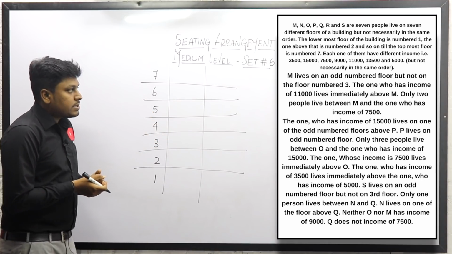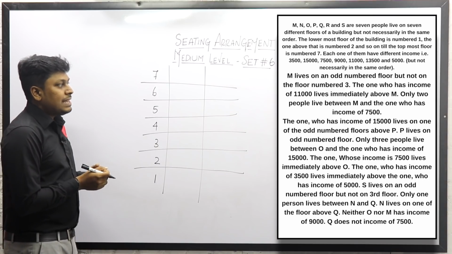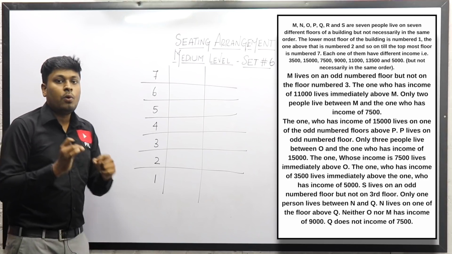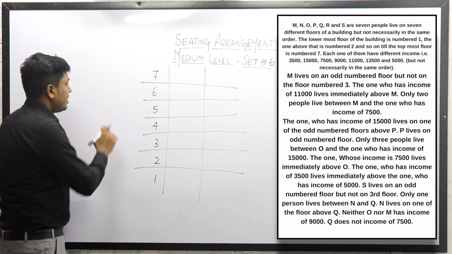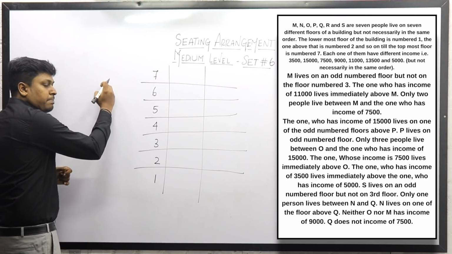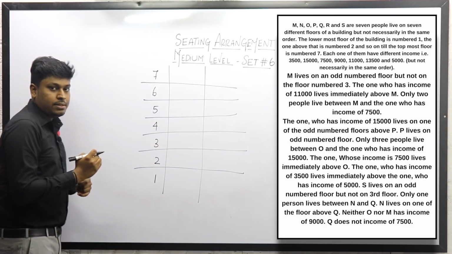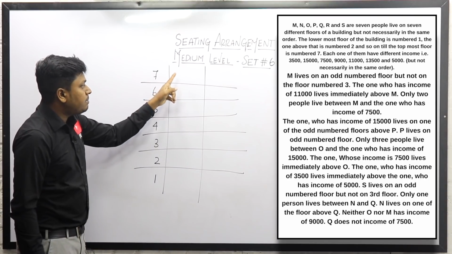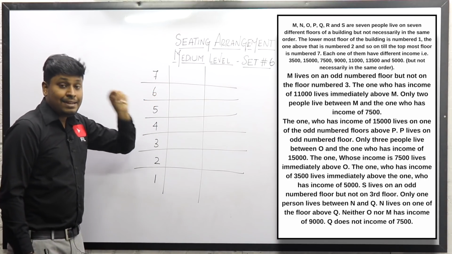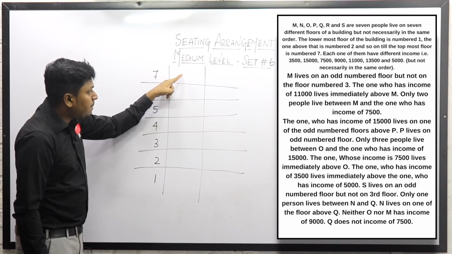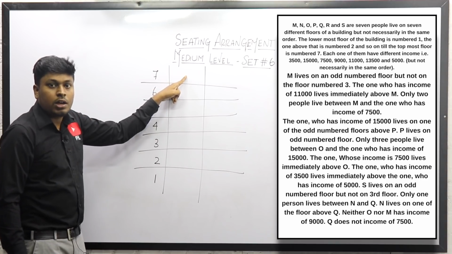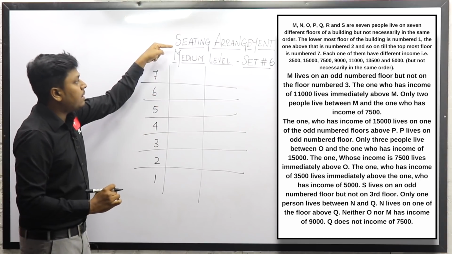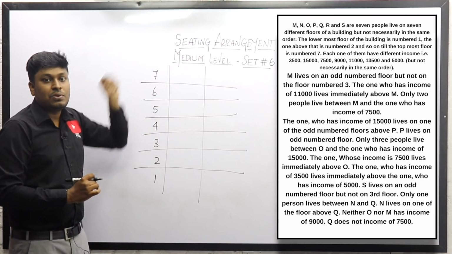The next point is: the one who has an income of 11,000 lives immediately above M. We already know that there are 3 places for M. Either M can be placed at number 7. In case I place M on the 7th floor, an odd number floor, then according to point number 2, above M we have the person getting 11,000 salary.